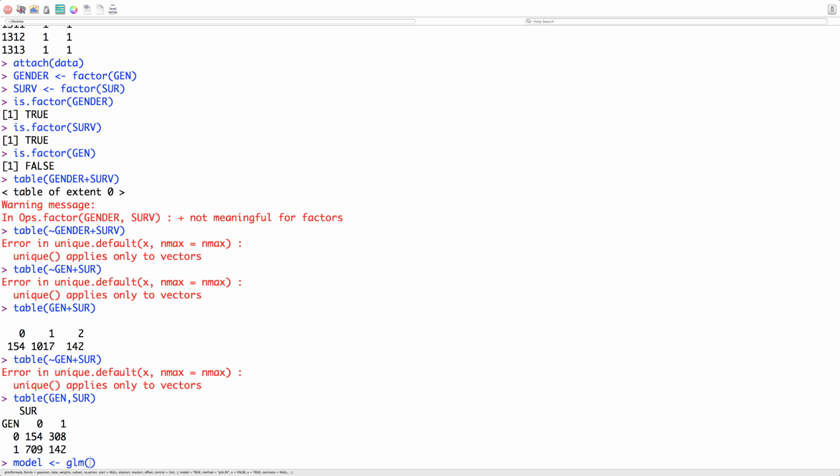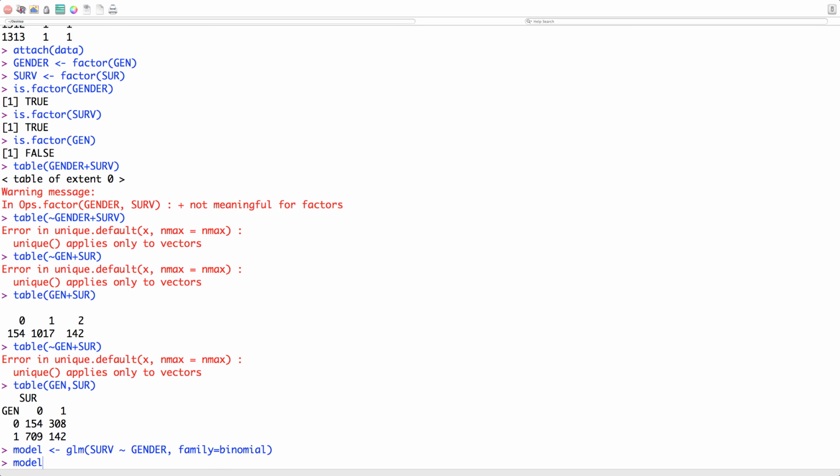And obviously I want to predict survive from gender. But I have to tell the program that I'm going to run a binomial. I need a binomial probability distribution here. I'm not running a simple linear regression, and I tell R that by going family equal binomial.